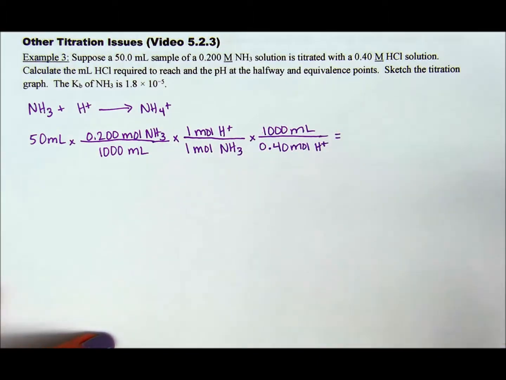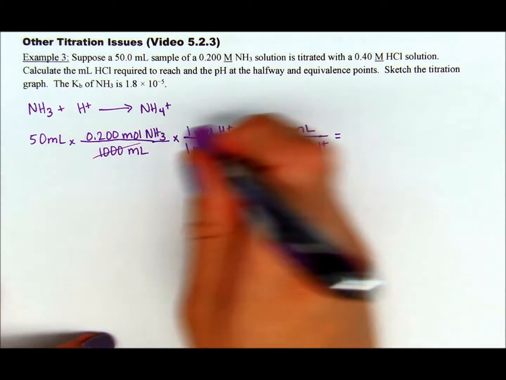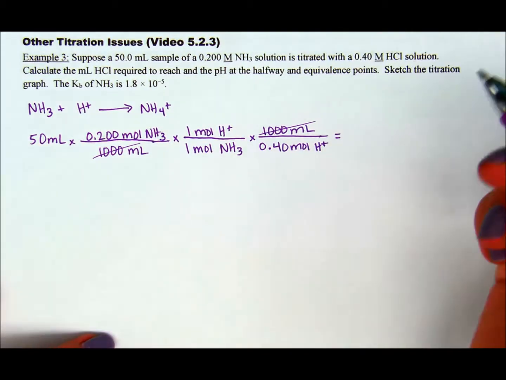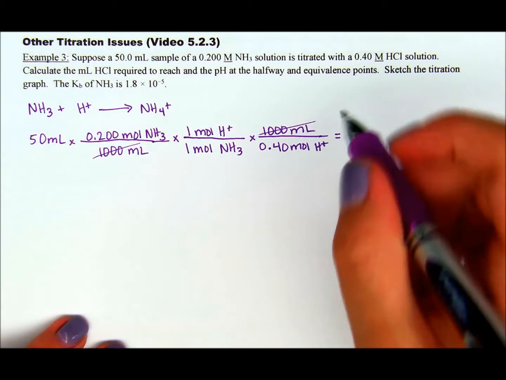And so go ahead and plug this into your calculator, or even cancel some things first. So these thousands go away, right? They're on the opposite side. So that's a nice easy thing to cancel. You don't have to plug in. You can also cancel the 0.2 and the 0.4.